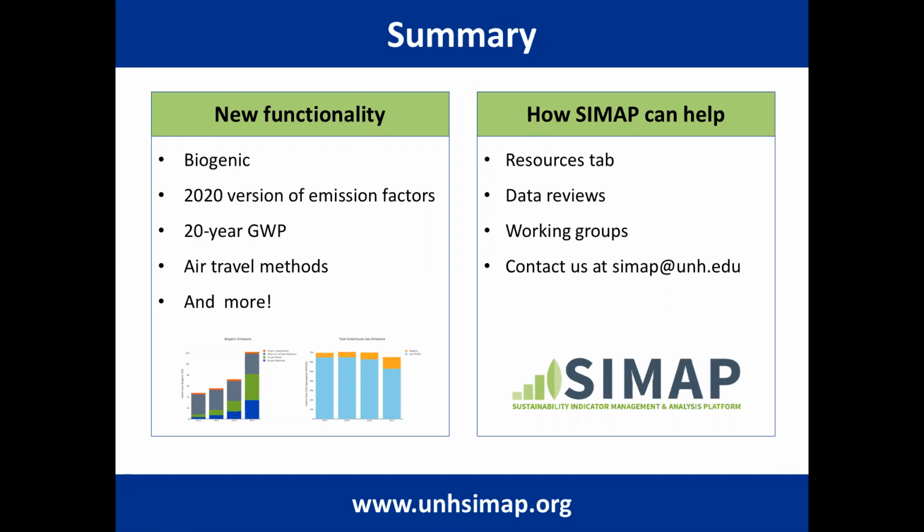There are a lot of resources on SIMAP that provide more background information that we encourage you to check out as you're working on your inventory. Cassidy explained the data review process, and we encourage you to request a data review; we'd be happy to take a look at your data. And we have ongoing working groups that are discussing these new and cutting edge topics in carbon and nitrogen footprinting.